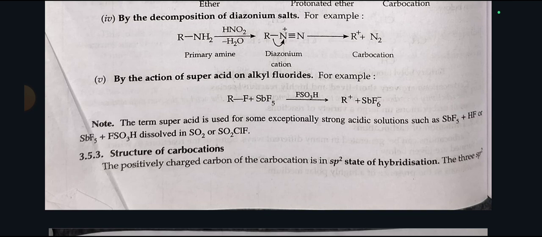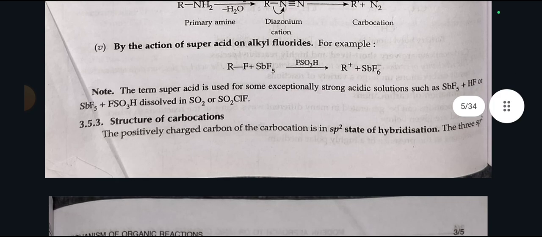Fourth, by the decomposition of diazonium salts. For example, RNH2 in the presence of HNO2, minus H2O, gives the diazonium cation RN2 positive, which gives R positive plus N2, a carbocation. Fifth, by the action of superacid on alkyl fluorides.